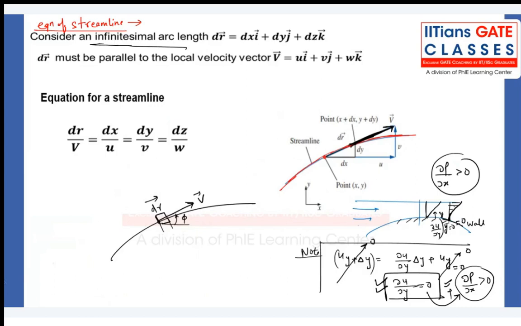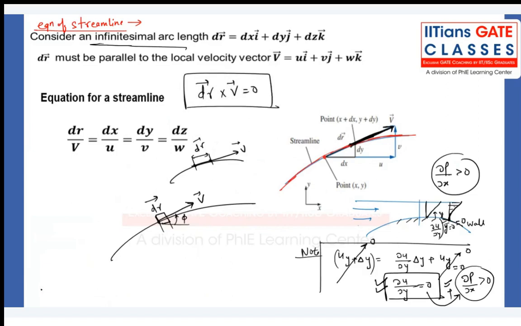Almost you will say yes. dr you are defining on a streamline, and the velocity is something like this. So for a very small region both will be parallel, and whenever two vectors are parallel with each other, their cross product has to be 0. So we can write dr cross v has to be 0.